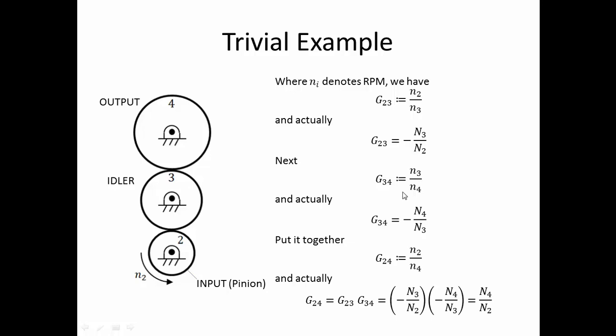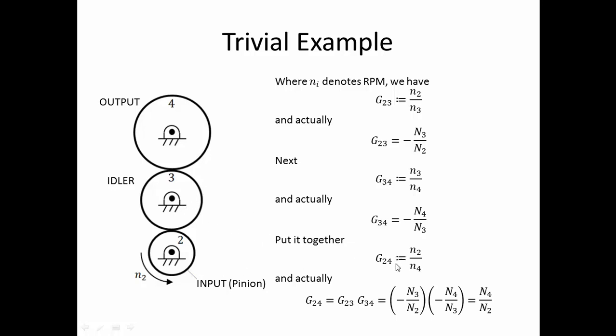Similarly, for 3 and 4, the gear ratio for that stage would be defined as the speed of 3 divided by the speed of 4. And we know that's equal to minus the number of teeth on 4 divided by the number of teeth on 3.